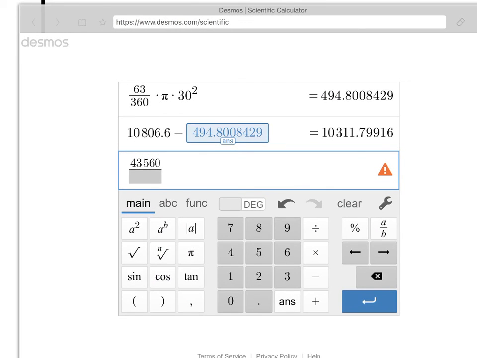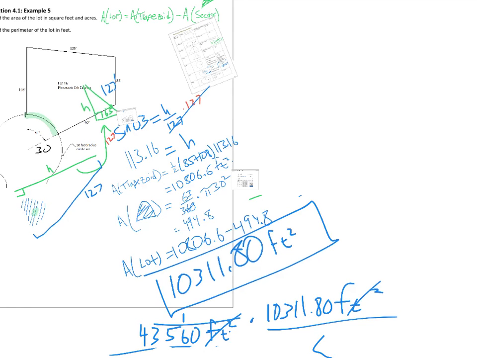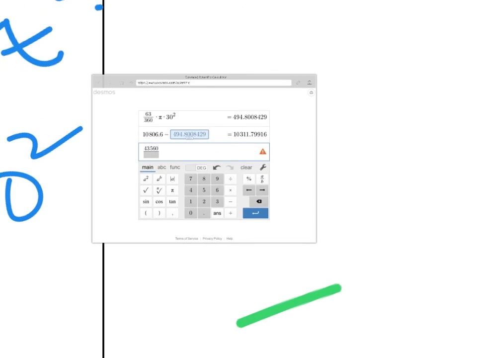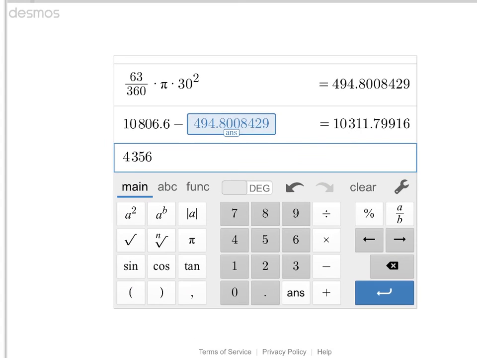We've got that 10,311. Actually, 10,311 divided by 43,560 is what we want. So I got that a little backwards, okay? So let's go ahead and fix this. Okay, so take that number divided by 43,560. So we gotta clear this.